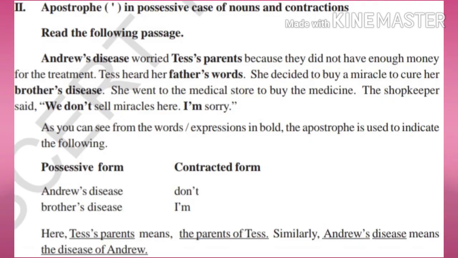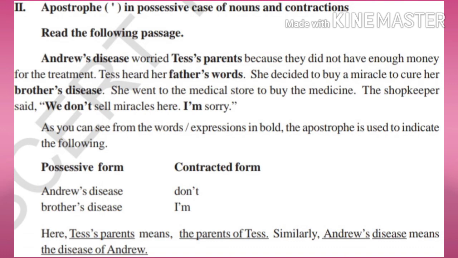Let's get into the textbook. This is from 6th class, pages 36 and 37. Apostrophe in possessive case of nouns and contractions. Read the following passage. Andrew's disease worried Tess' parents because they did not have enough money for the treatment.